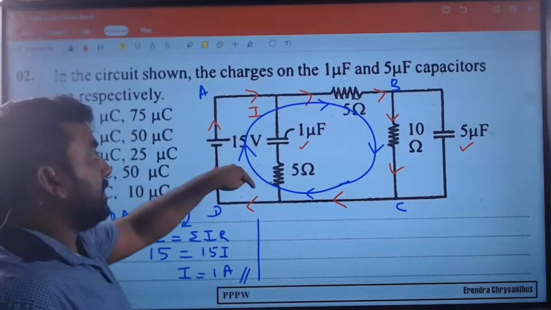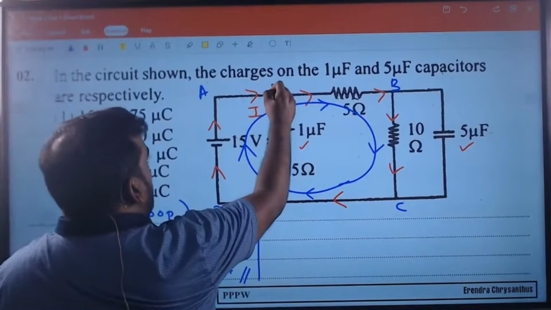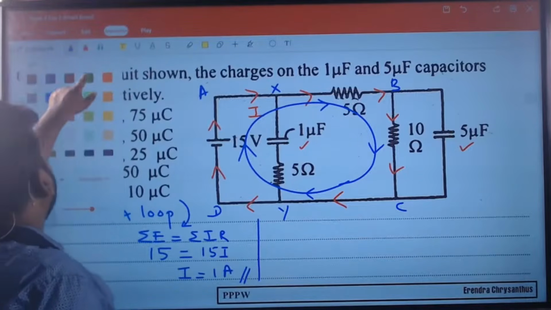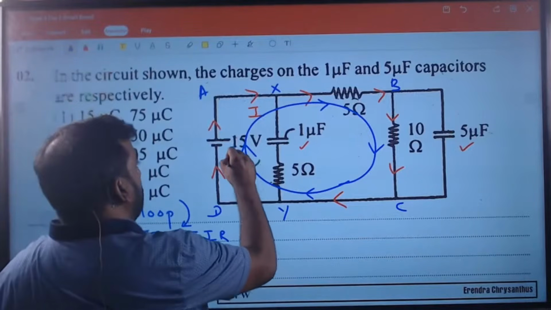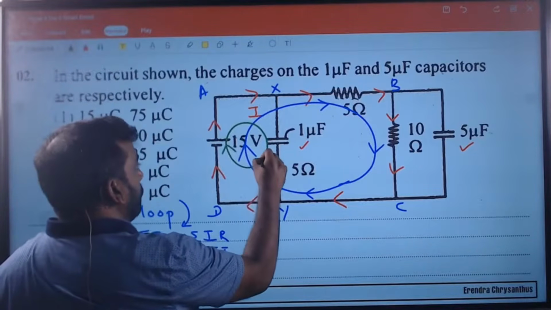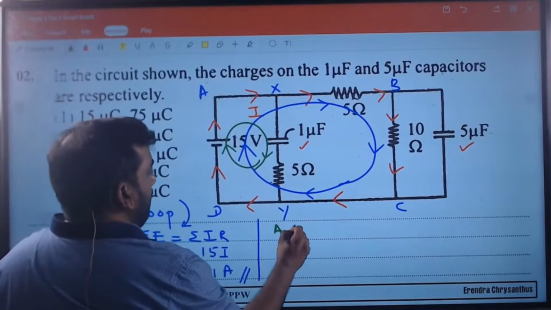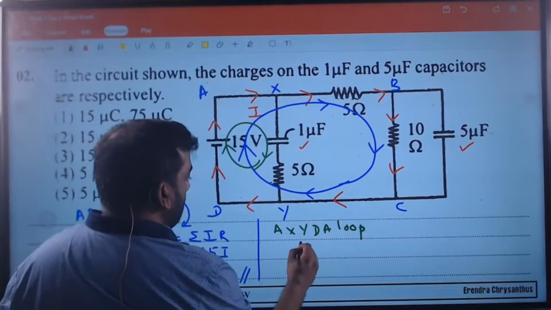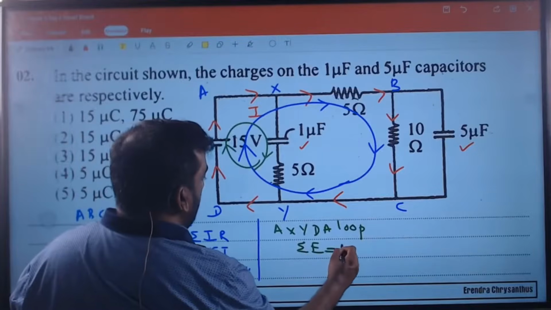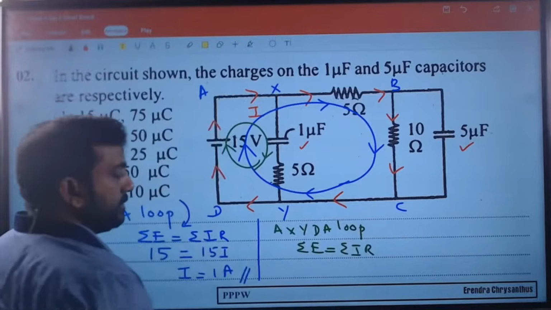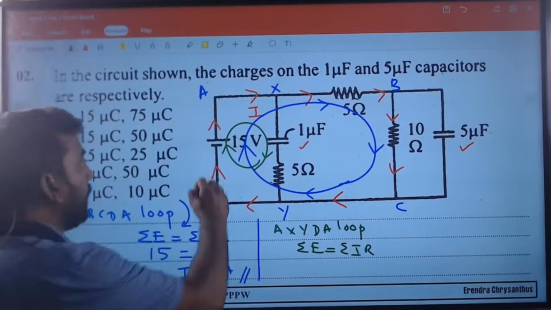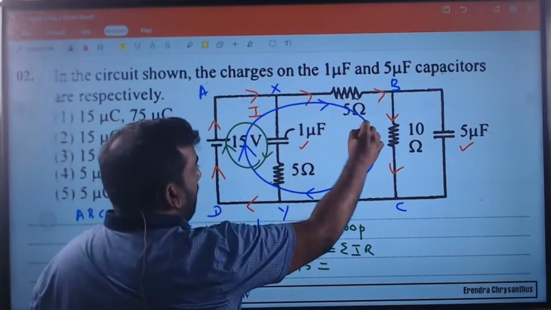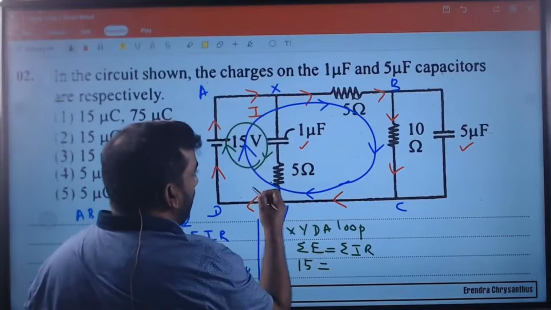Now we can consider this loop. X and Y are put here. We put a different loop region. Consider the AXYDA loop. Sum of EMF equals sum of potential differences. Very simple, minus to plus positive. In this loop, here there is no resistor.